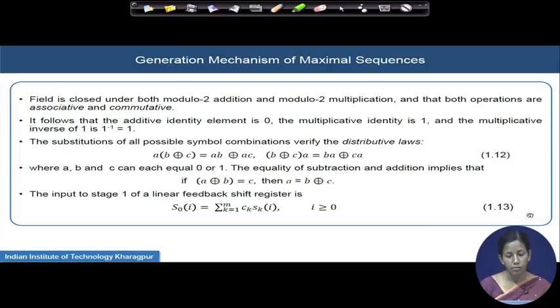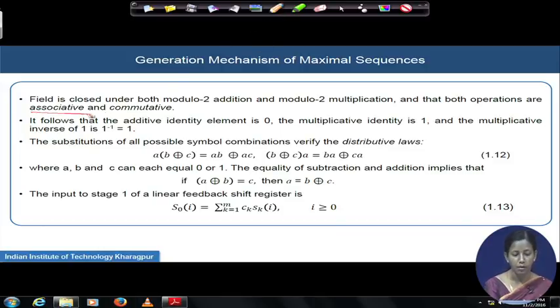And the Galois field is closed under this modulo 2 addition and modulo 2 multiplication, and both the operations are associative as well as commutative. This property comes from the fundamental concept of the field, and it is the closeness of that field. All those points we will be discussing when we go ahead with the Galois field mathematics.